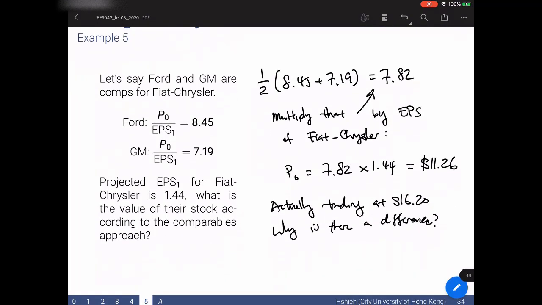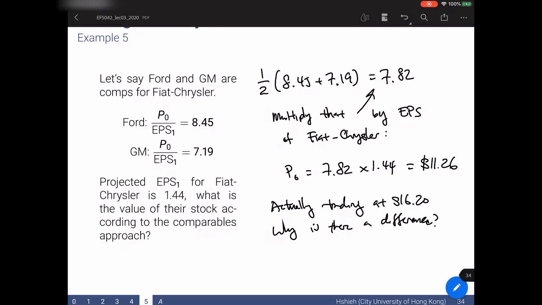As you probably should infer, there is a difference most likely because GM and Ford are not exact or precise counterfactuals for Fiat Chrysler.